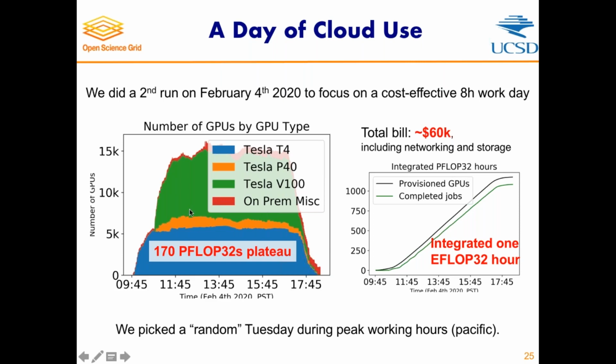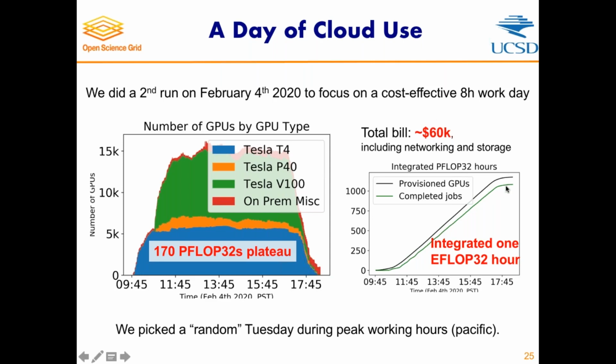And in the process of between 9:45 and 17:45, basically on February 4th in PST, we integrated an exaflop hour. So this here shows you the completed jobs, and either which way you slice it, we ended up producing an exaflop hour's worth of science, and the total bill was $60,000.